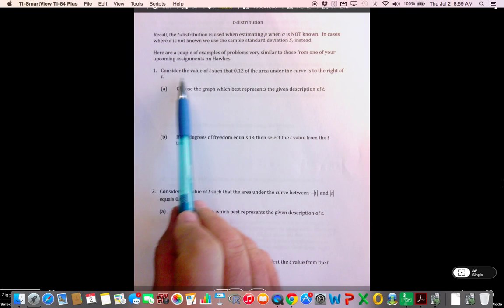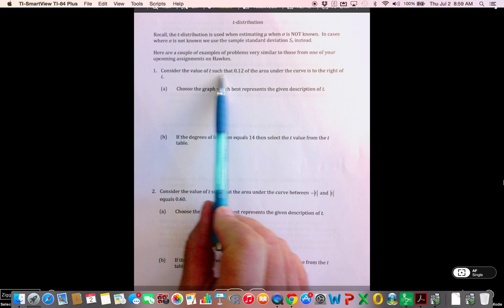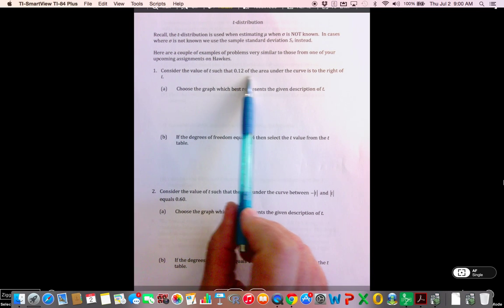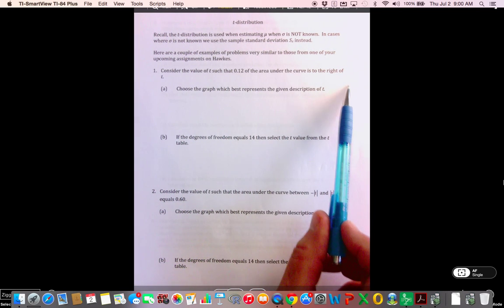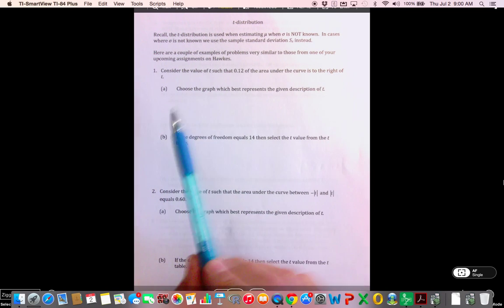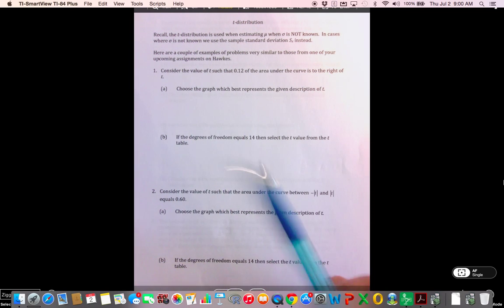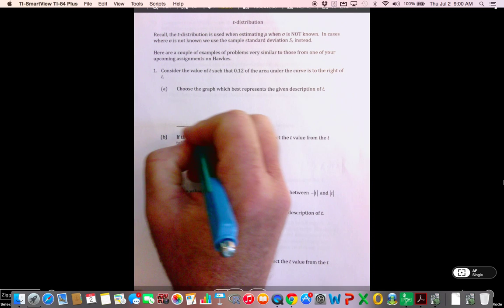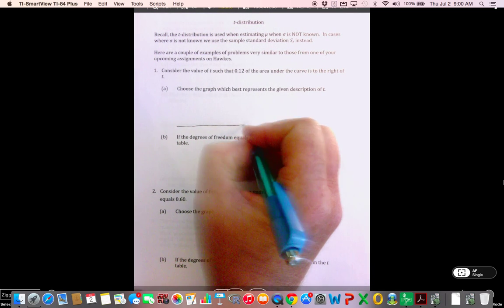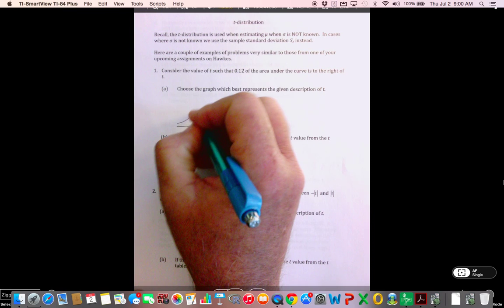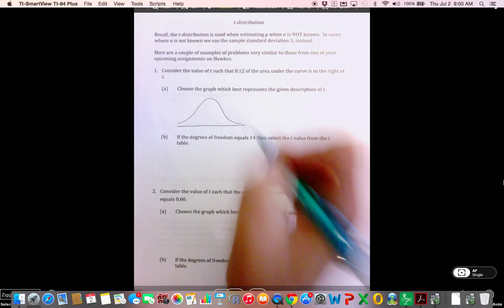The first one says, consider the value of t such that 0.12 of the area is to the right. Now this could be to the right or left, and I'll show you. Choose the graph. Well, I'm not going to choose the graph, but I'm going to show you what the graph's going to look like. So we're going to have this t-distribution, which looks like a normal distribution.